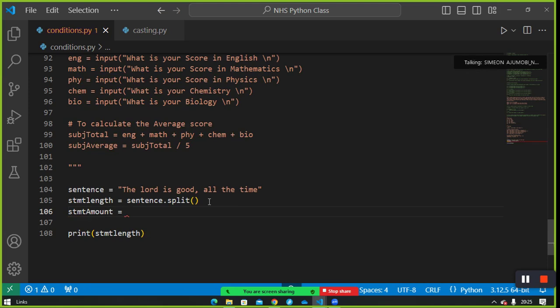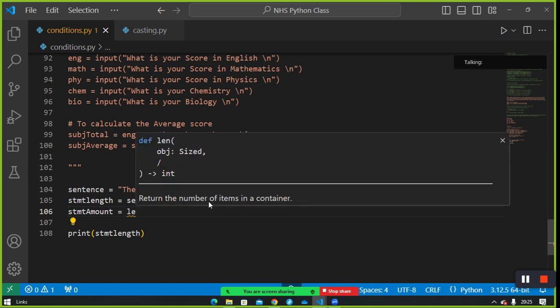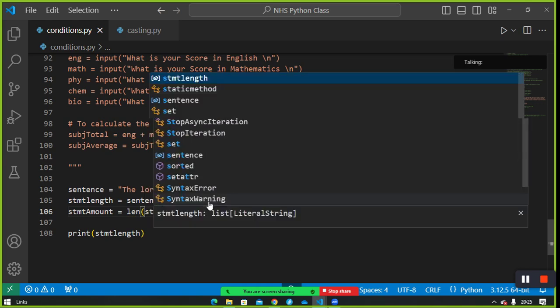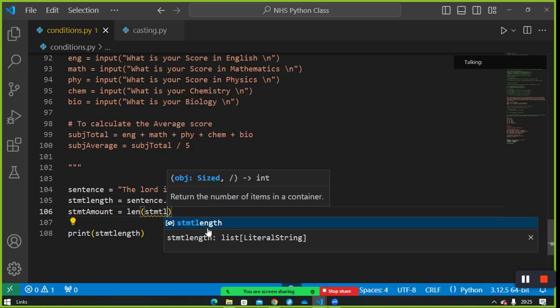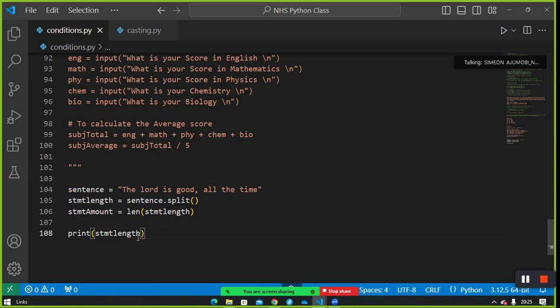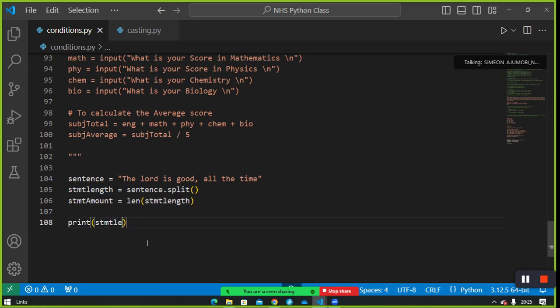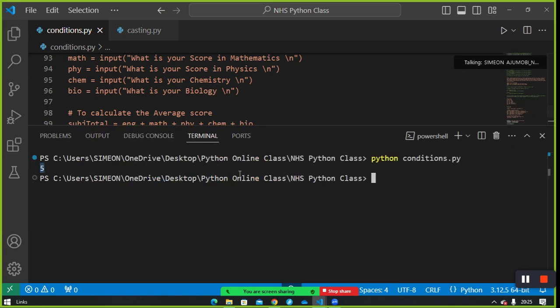You must save it inside a variable. The statement amount now can be equal to length of statement length. If you print statement amount now, it will tell you 1, 2, 3, 4, 5, 6, 7. 7 words in what we have here. That is it. 7 words.